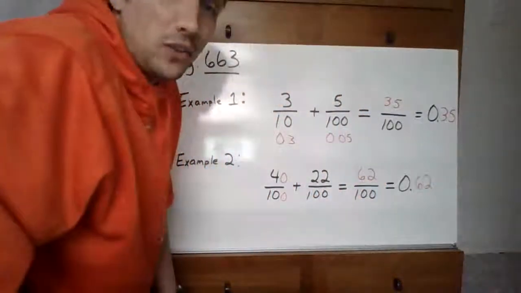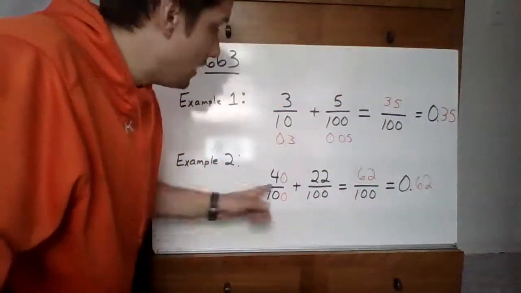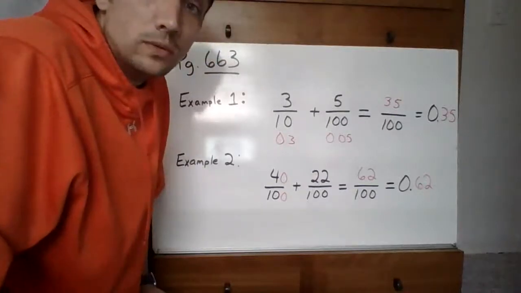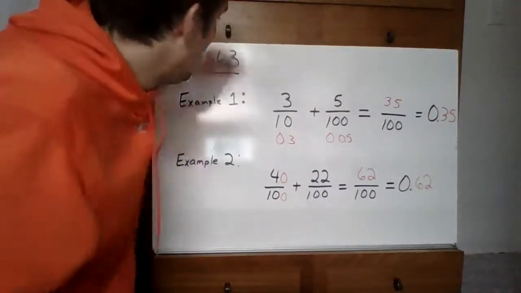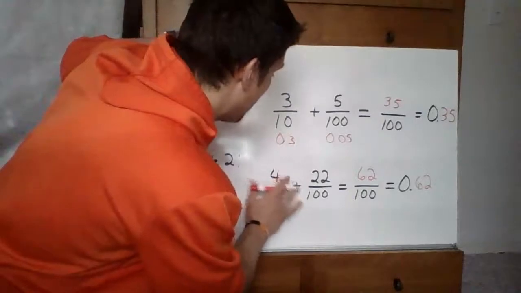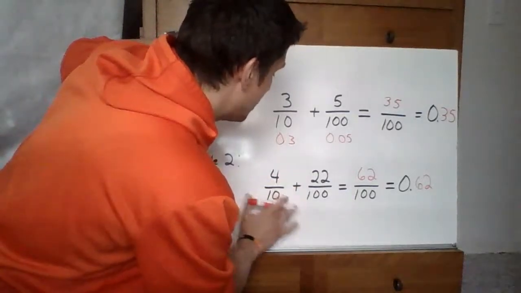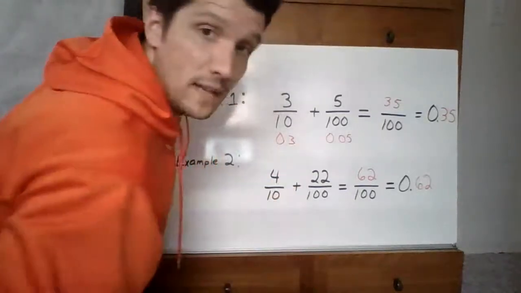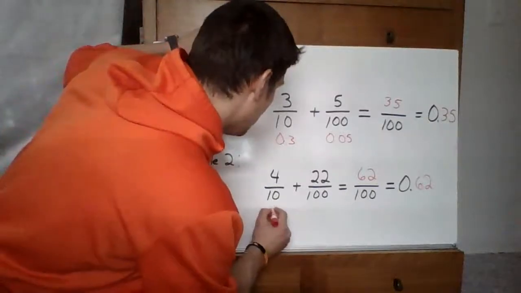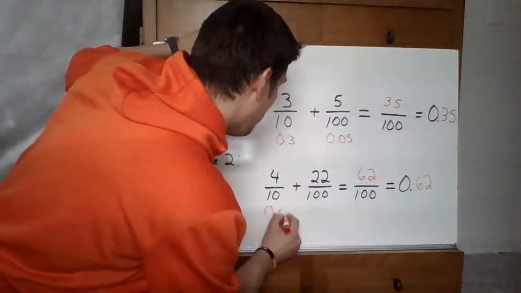Real simple, it's 0.62. Now, the last thing I'm going to show you is we could also have turned these into decimals. How? Well, originally we had 4/10, and 4/10 would be written as 0.4.